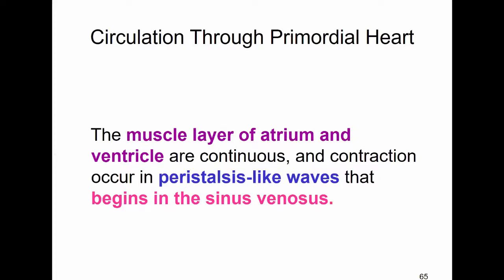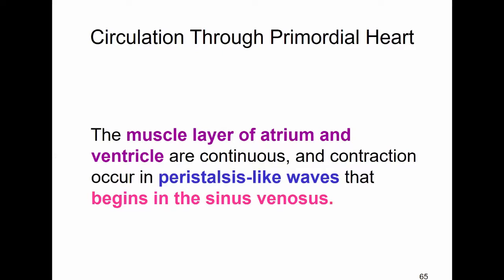But in the adult, the muscle layers are not continuous because of the fibrous skeleton. If you remember, because of the fibrous skeleton of the heart, the muscles of the atrium and the muscles of the ventricles are not continuous. You remember this. But in embryo and fetus, they are continuous.